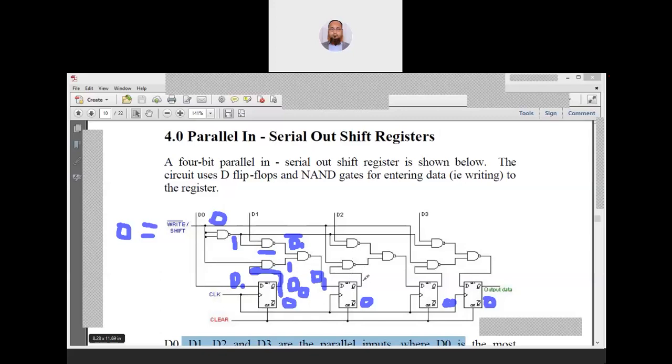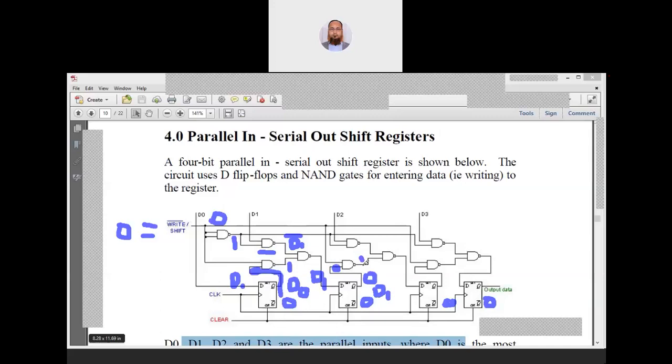Similarly here we can see it is 0. After the clock and 15 nanoseconds, this output will change to D1. So this will change after 15 nanoseconds. This is 0 here, so if any input of the NAND gate is 0, the output is 1.